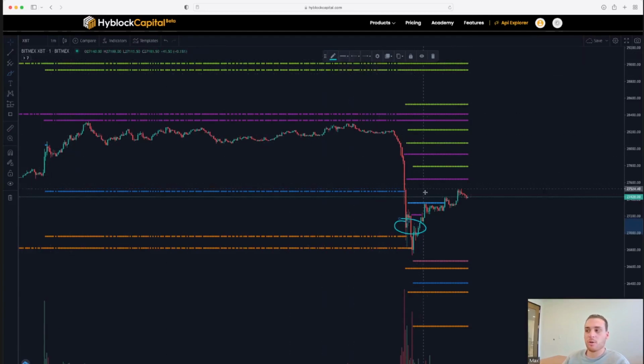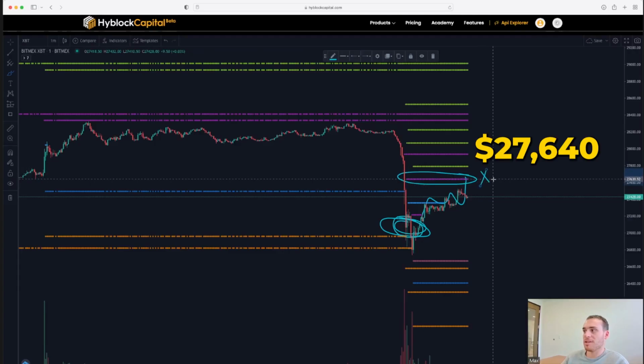Now, as we know, if a trader enters a position at 50 times leverage and the price moves against them 2%, they are subject to liquidation. So what we know is if a trader entered somewhere around here and price squeezes up, likely this trader that entered right here has a liquidation level of about 27,640 and would be subject to liquidation.